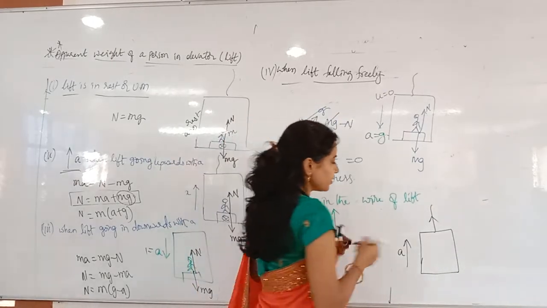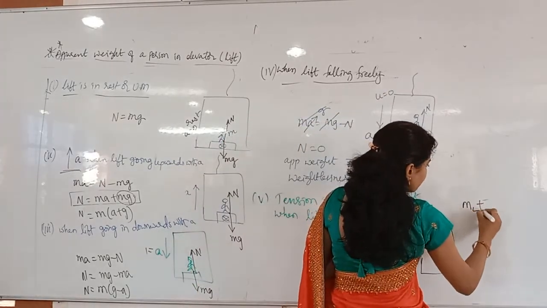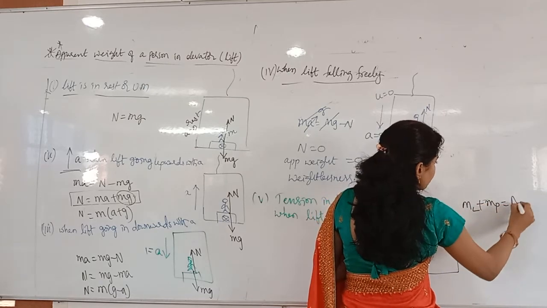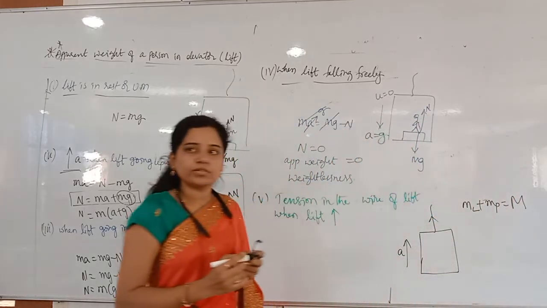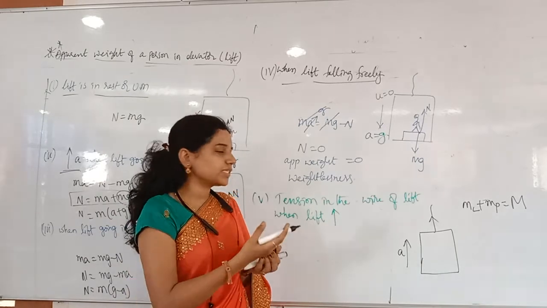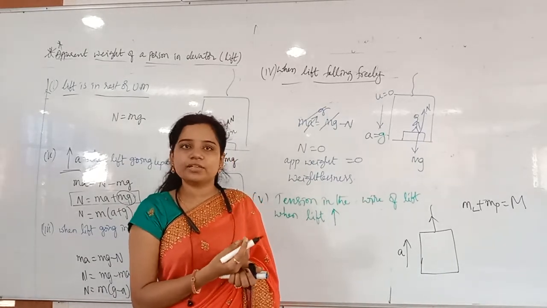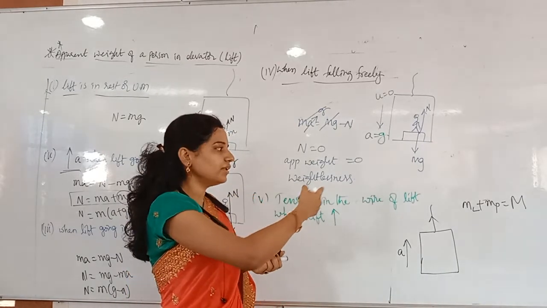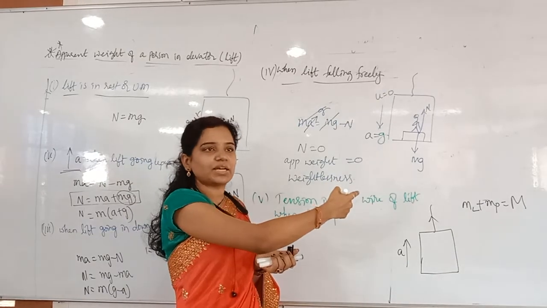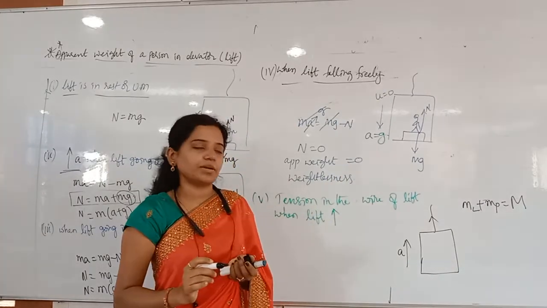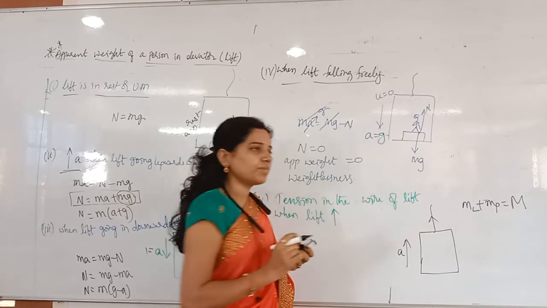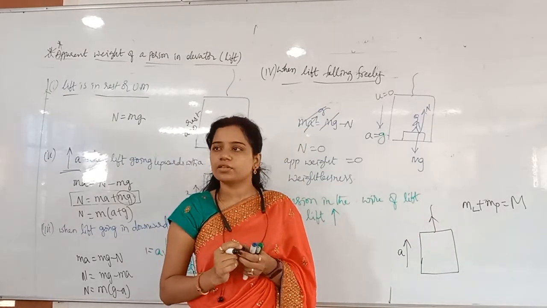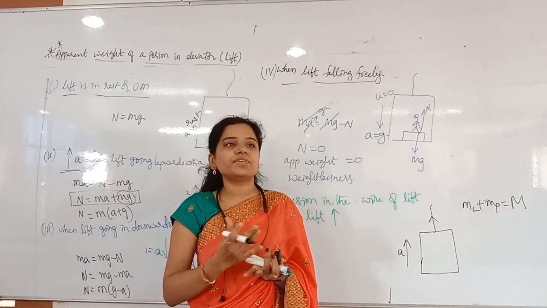Let me take the mass of the lift and the mass of the person together as capital M. Obviously the person is inside the lift, and the lift mass is ml, the mass of the person is mp, and together they are capital M. Now this wire is bearing how much mass? Both, no? It is bearing the lift and the person.